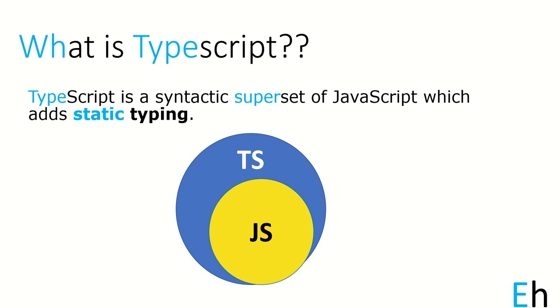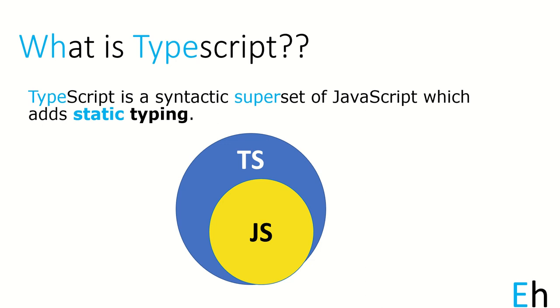It also does static typing, whereas JavaScript only has dynamic typing and doesn't support static typing. You can even use JavaScript code in TypeScript, and it can work. Another thing is that TypeScript has a compiler where we can check our errors beforehand.